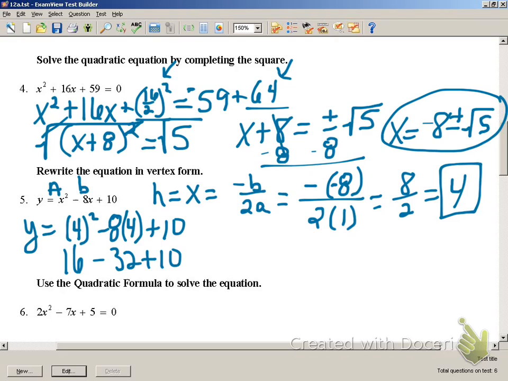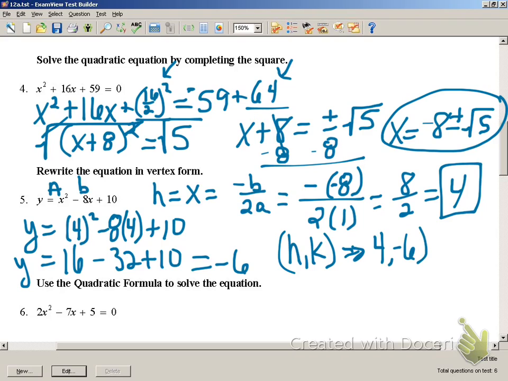Solving by my exponents and multiplication there. So I combine. I have 16 minus 32. That gives me negative 16. Negative 16 plus 10 gives me negative 6. So my vertex, or my h, k, is 4, negative 6.